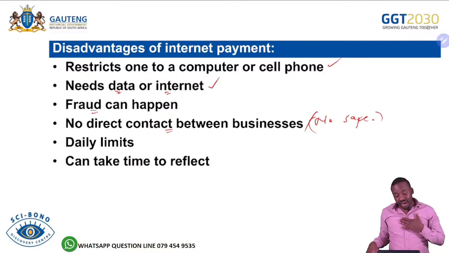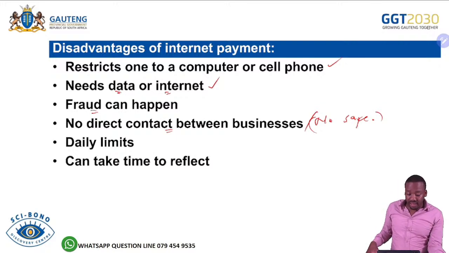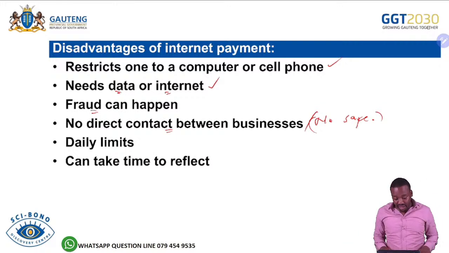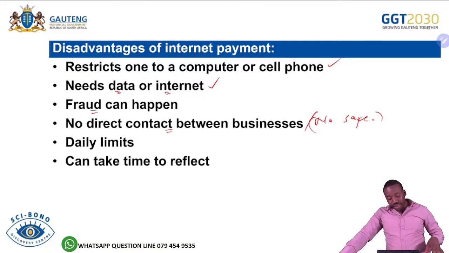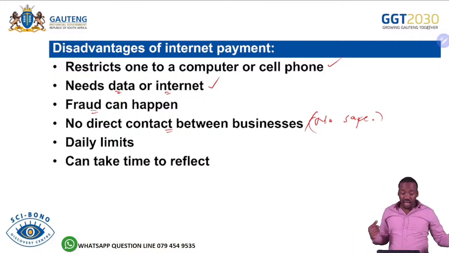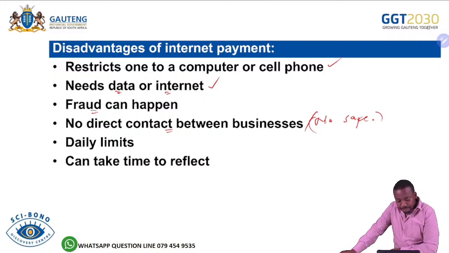The person providing the service and the one receiving it, it is an experience. So we need that direct contact between the businesses, so that you can trust it. So when you do internet payment, there's no direct contact between the businesses. So it is not the safest.